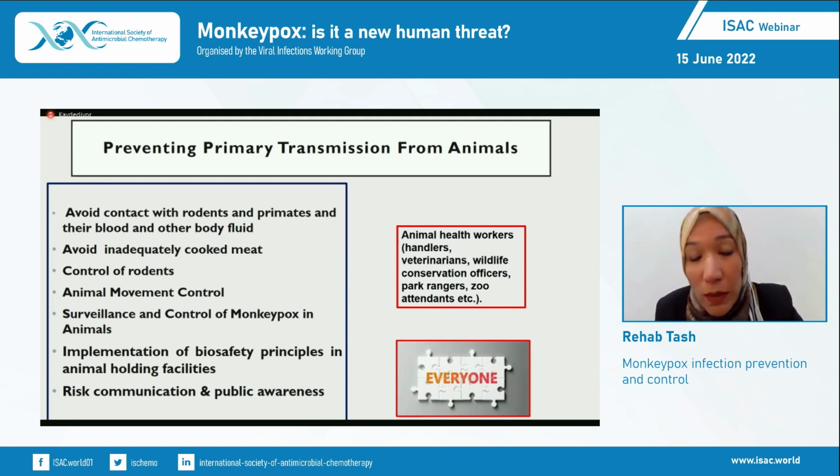Control of rodents is mandatory. Animal movement control, especially from endemic areas to non-endemic areas, which began with the current outbreak. Surveillance and control of monkeypox in animals, and implementation of biosafety principles in animal holding facilities. And lastly, risk communication and public awareness play a key role in primary transmission prevention.